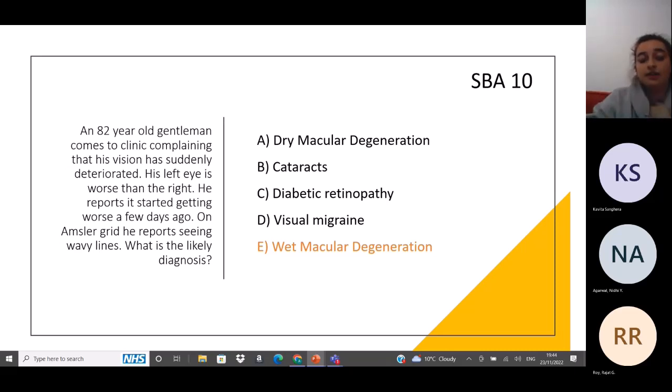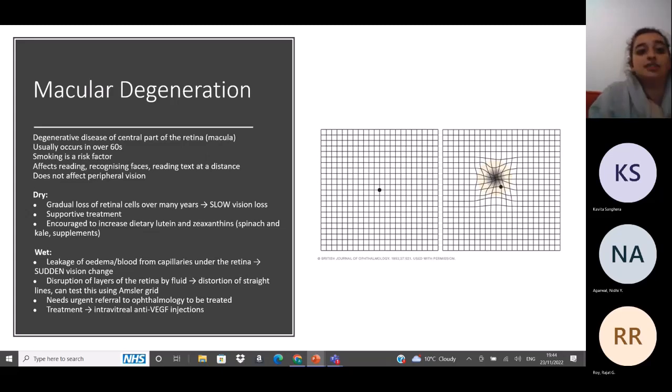Macular degeneration in general is a degenerative disease of the central part of the retina, which is the macula, and that's the part involved in your central vision. It usually occurs in people over 60. Smoking is a big risk factor for it. It affects people's ability to read and to recognise faces.